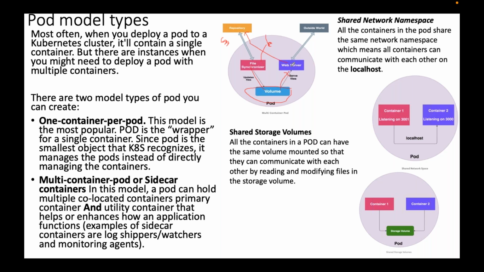Does this main container have to know where those files are coming from? Does it need to have the logic to read the files from outside, which can be from anywhere? Not required.